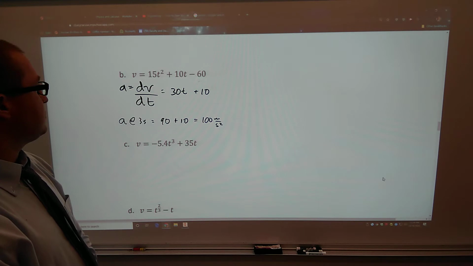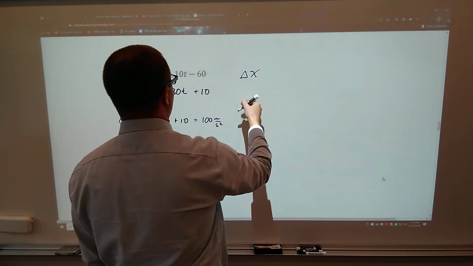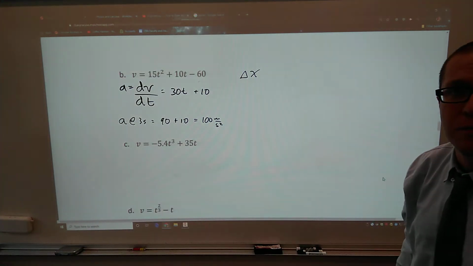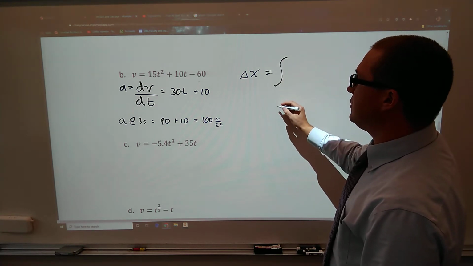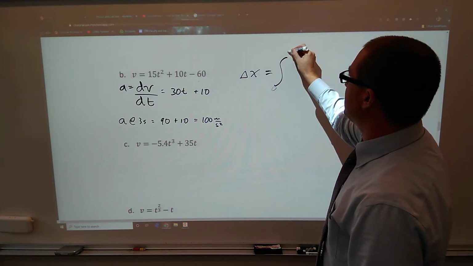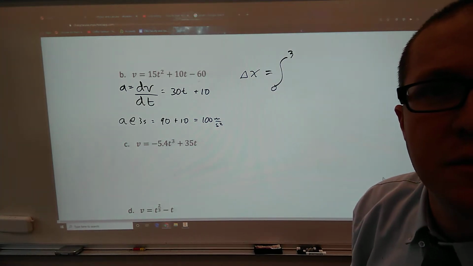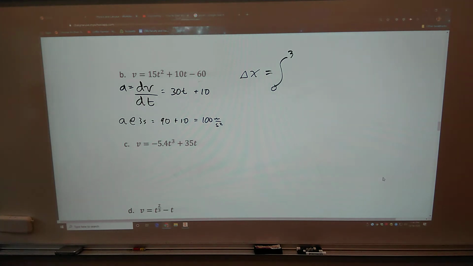All right, so then the displacement, delta x, I'm giving myself space here because we know this is going to take a little more room. Delta x displacement equals the integral from 0 to 3 seconds. Hope you can see this well enough. I have that bigger marker. I should probably switch to that.